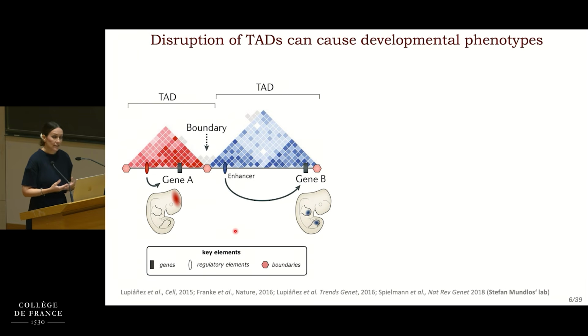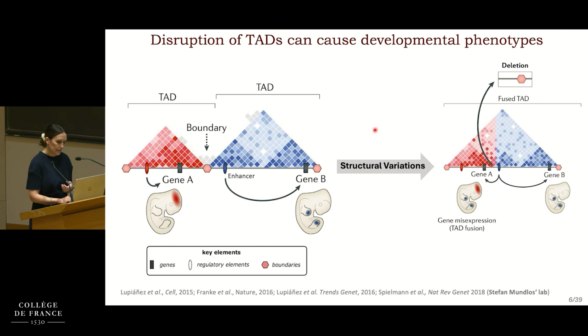Previous studies, including an important publication from Stefan Mundlos' lab, showed that disruption of this 3D structure of the TADs could cause developmental phenotypes. And the concept is quite simple. For example, a structural variation that rearranges a TAD boundary could mix the regulatory potential and cause misexpression.